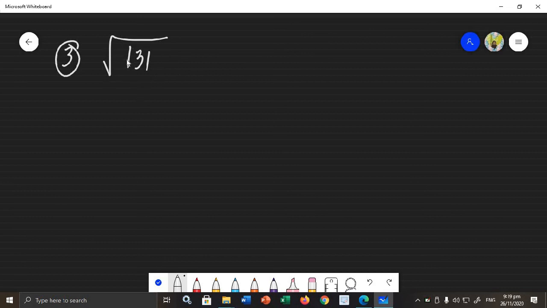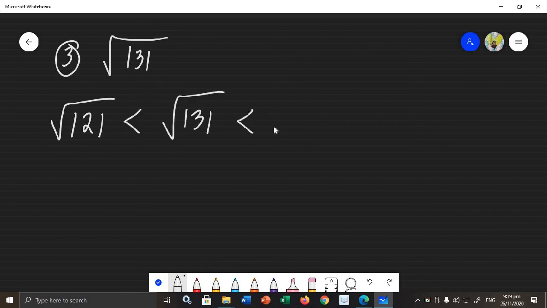Again, pipili lang tayo dun sa list of perfect square numbers natin kung saan malalagay natin si 131 sa gitna. So in this case, we can use square root of 121 less than square root of 131, then less than square root of 144. Doon natin siya pwedeng ilagay sa gitna yung given natin between 121 and 144.